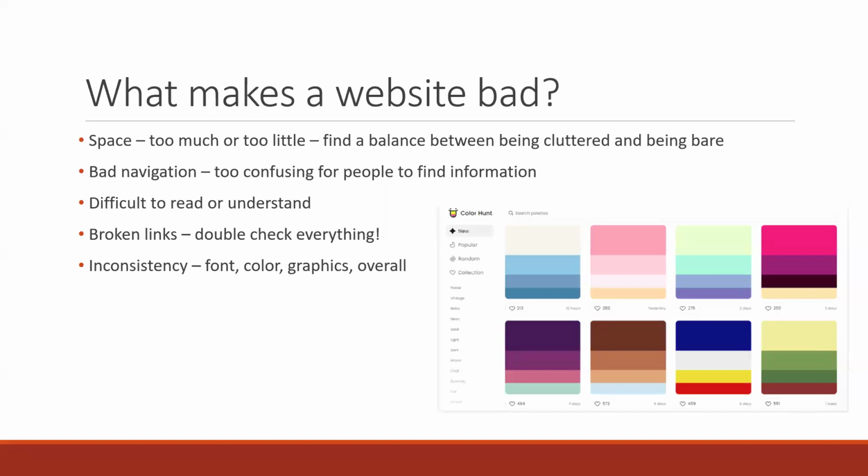One of the things that is really important to think about on your website is space. Something that could ruin a website is if there's too much or too little space. You do not want to be cluttered, but you also don't want to be bare, where it's just words and no pictures.